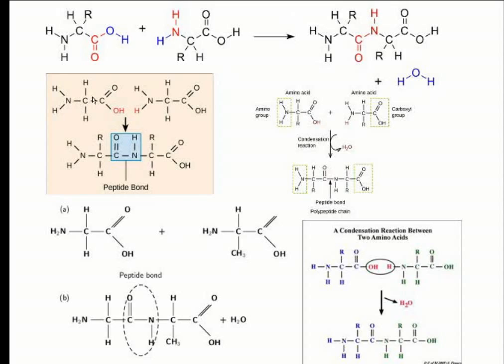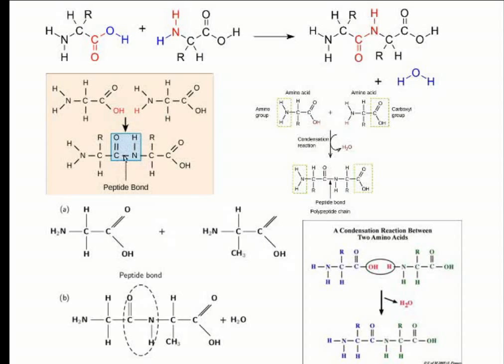Same here. We have an amino acid here and an amino acid here. Water, or H2O, is given off, and a peptide bond is formed. This is the peptide bond in this one, by the way. The peptide bond is formed between the two amino acids, and because carbon can form 4 bonds, this one works fine, and nitrogen can form 3, so this works fine. Hydrogen can form 1, so that's fine, and oxygen can form 2.